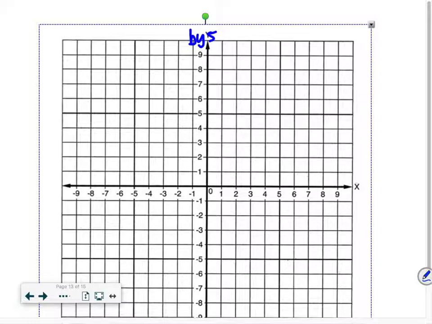I'm going to leave my x's just as ones though, okay? You make your graph. I'm going to redraw the table. You let me know when you're done.